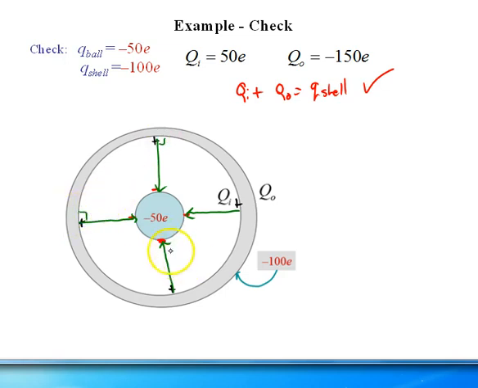So we know what the electric field looks like internally. The electric field inside the shell is 0, the electric field inside this ball is 0, and outside, our Q outer is negative 150E. So if this has 4 field lines, this is going to have 3 times this. So we're going to have 12 charges.